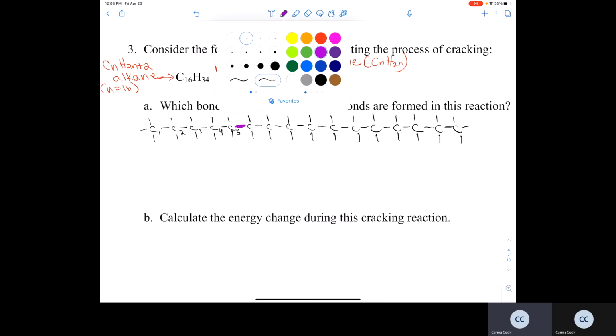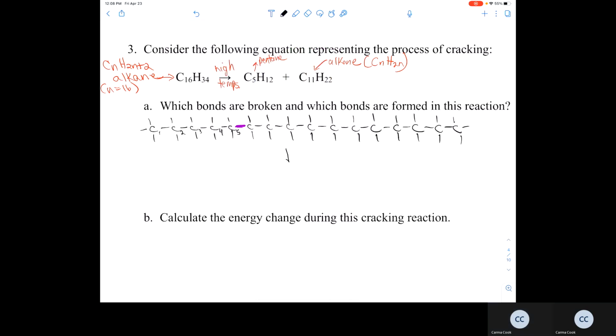So this bond getting broken, we'll be left with the first piece, but note that this is C5H 1, 2, 3, 4, 5, 6, 7, 8, 9, 10, 11. But we need 12 hydrogens.